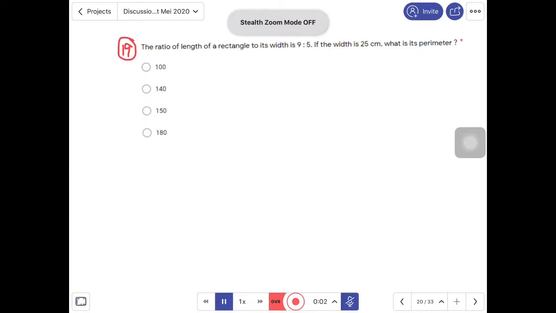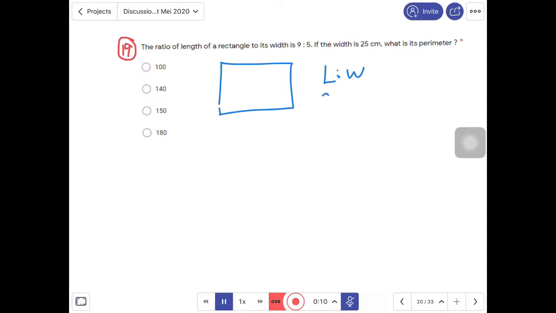The problem talks about the perimeter of a rectangle. The ratio of length to width is 9 is to 5. So we can say that this is length, this is width. If the width is 25, what would be the length?